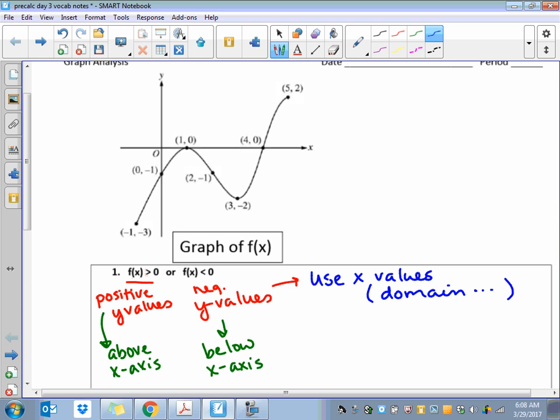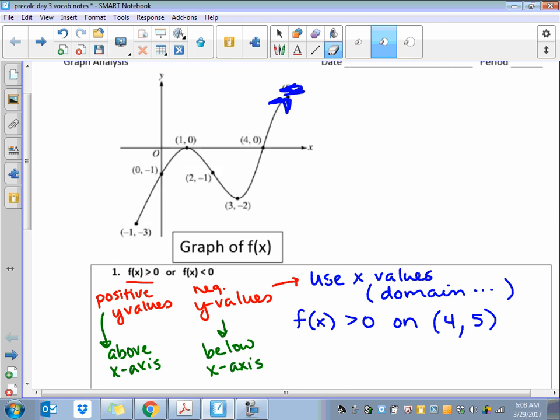So for this particular graph, I would say that f of x is greater than 0 on, and these are intervals, from 4 to positive infinity.